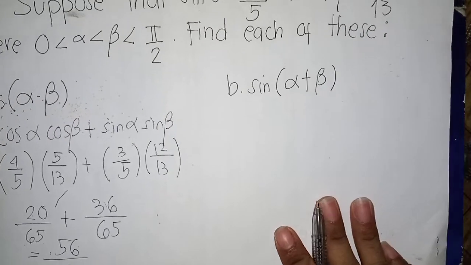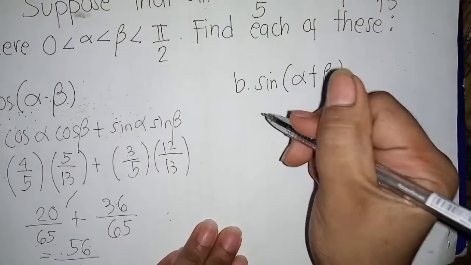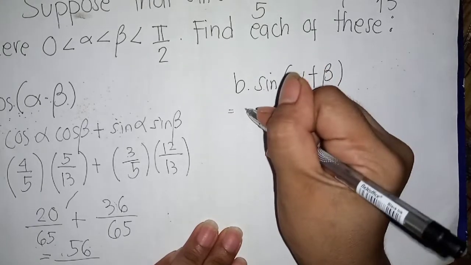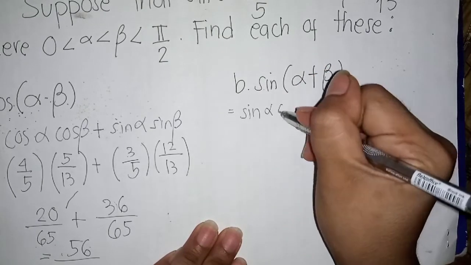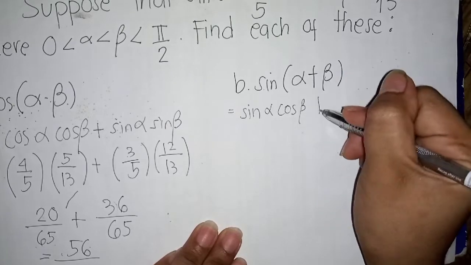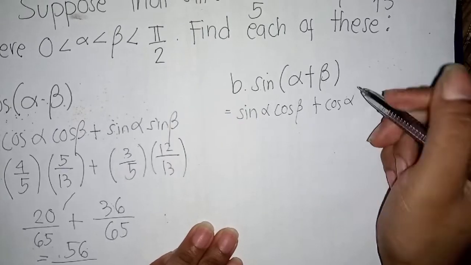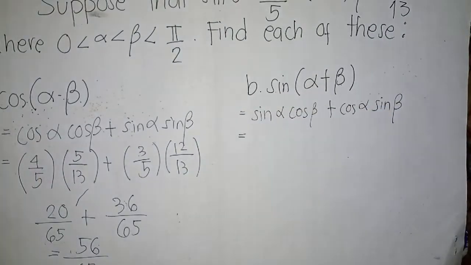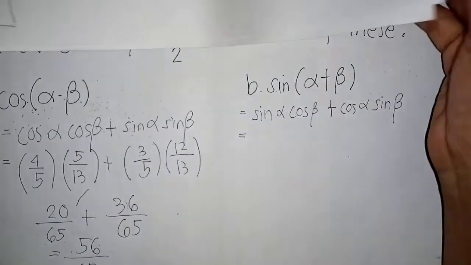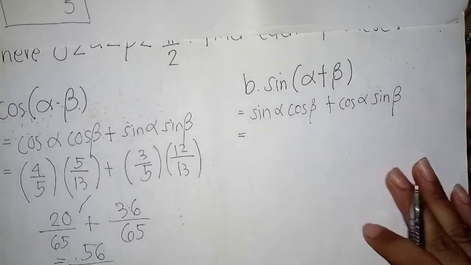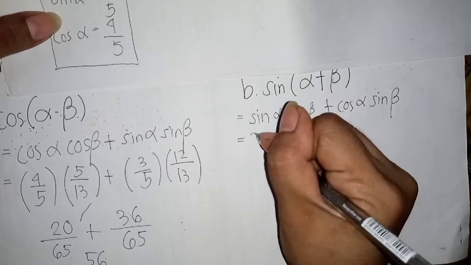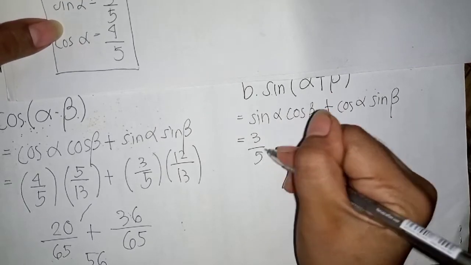So, let's find now the sine. So, sine alpha plus beta. So, it becomes sine alpha cosine beta plus cosine alpha sine beta. So, let's substitute now. Sine alpha is equal to 3/5.